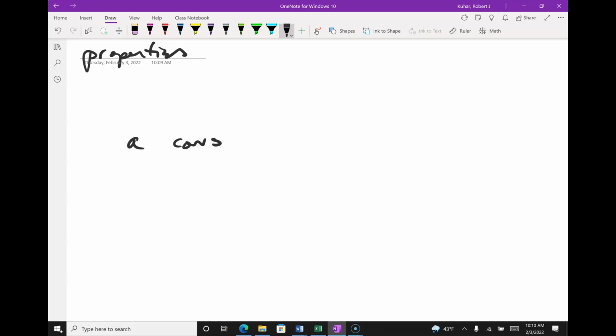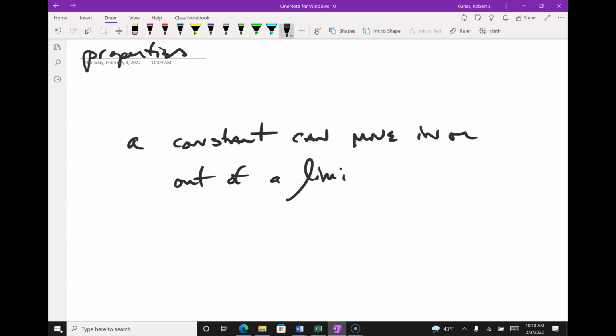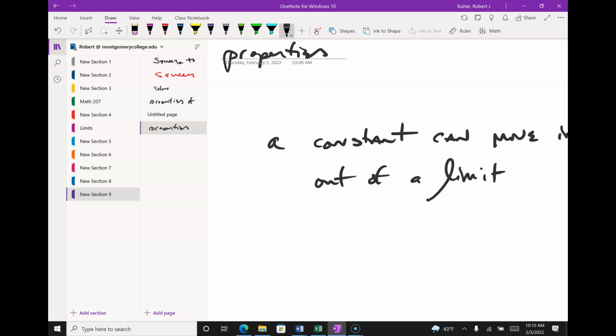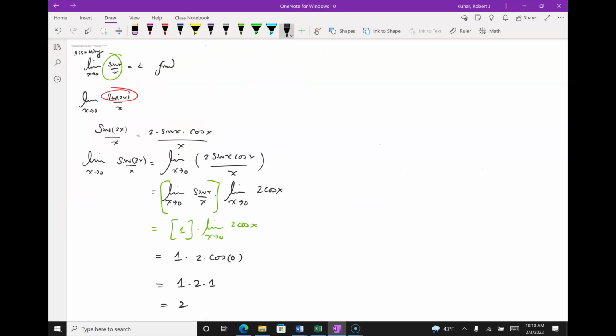A constant can move in or out of a limit. Yes. Absolutely. Always will.